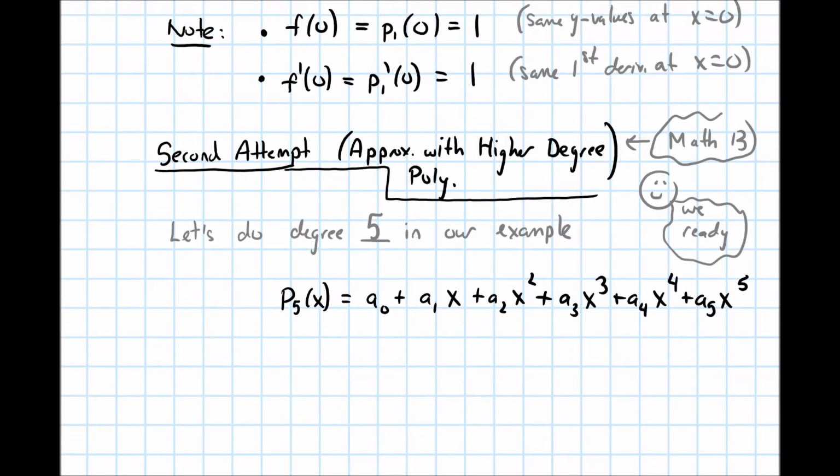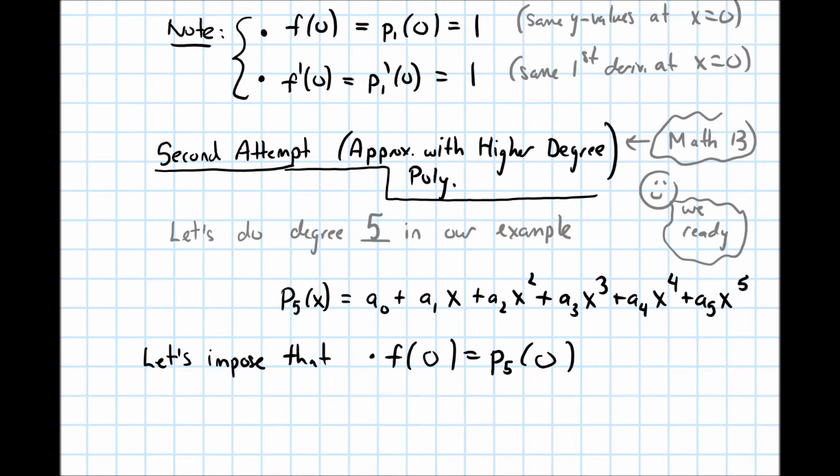And what I'd like to happen is something really similar to these two properties. So let's impose that our function, e to the x, and our polynomial agree when we plug in 0.